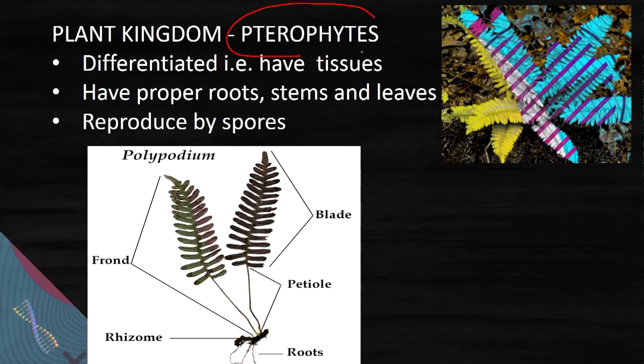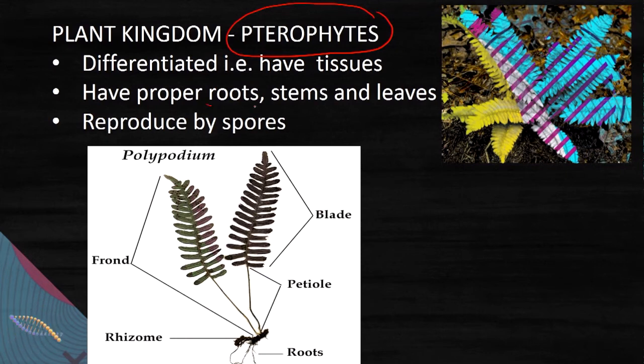The next group of plants that we're looking at are called the pteridophytes, and those are the ferns. I'm sure you've all seen ferns, and they have got leaves. You can see their leaves, and if you dig them up, you can see they have roots, they have stems, they have leaves. So they're more like proper plants that we think of.